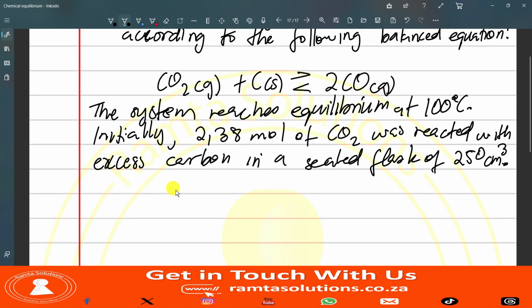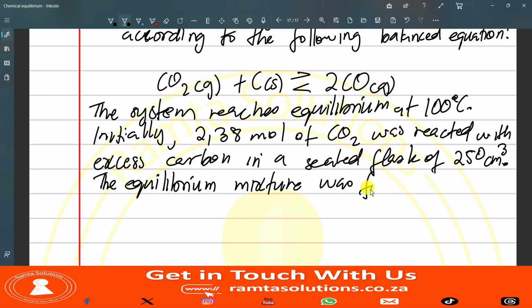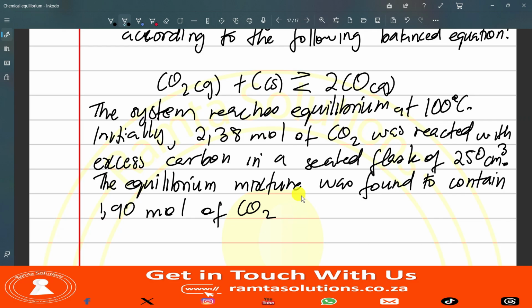The equilibrium mixture was found to contain 1.90 moles of carbon dioxide.